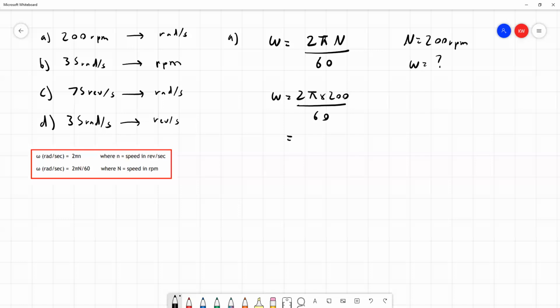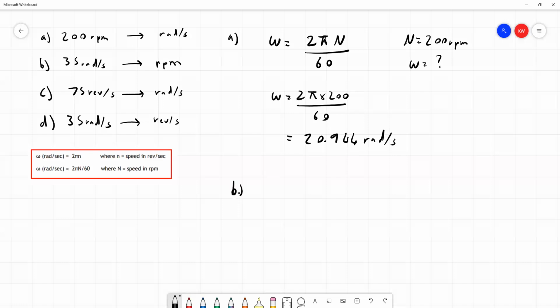And if we put that all into our calculator, the calculator might show it's 20 over 3 pi, but in decimal form, it's going to be 20.944 radians per second.